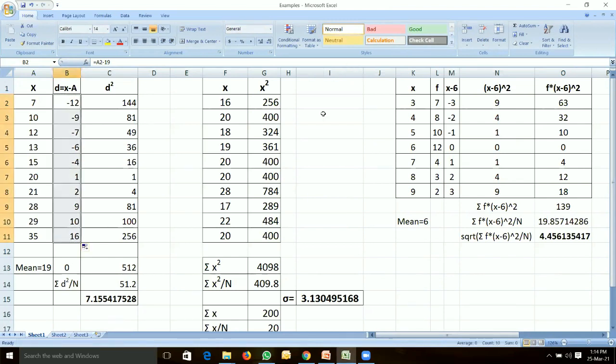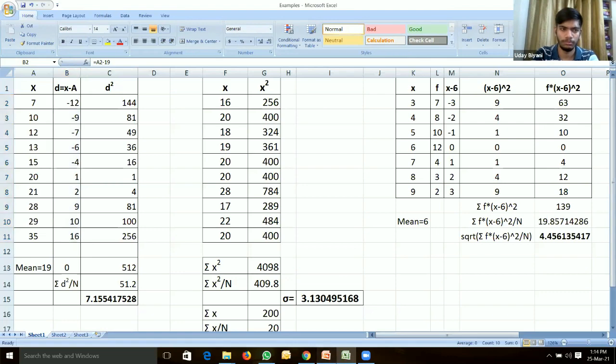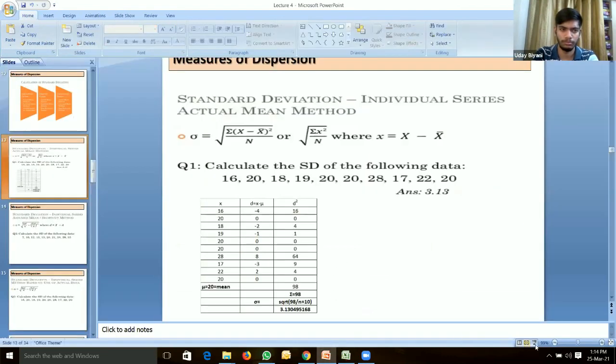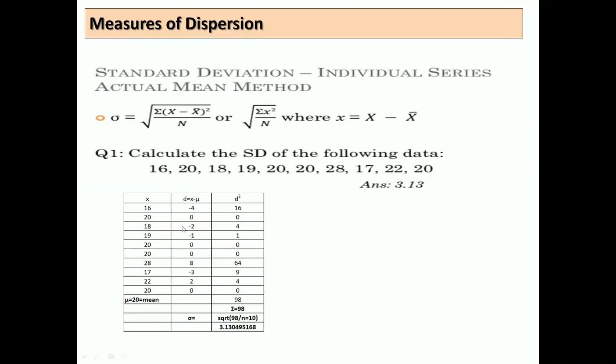So you got all the differences. So you can generate this x minus mu in this next column.